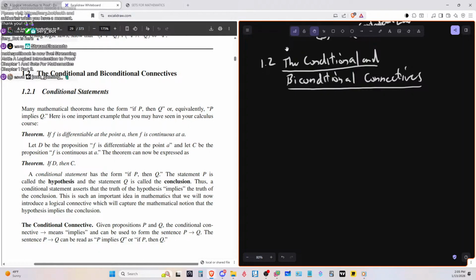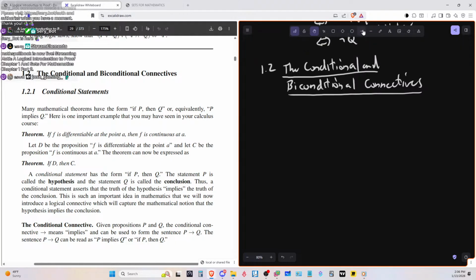Theorem: if f is differentiable at point A, then f is continuous at A. Let D be the proposition that f is differentiable at A, and let C be the proposition that f is continuous at A. The theorem is expressed as: if D, then C. Okay. So a conditional statement.